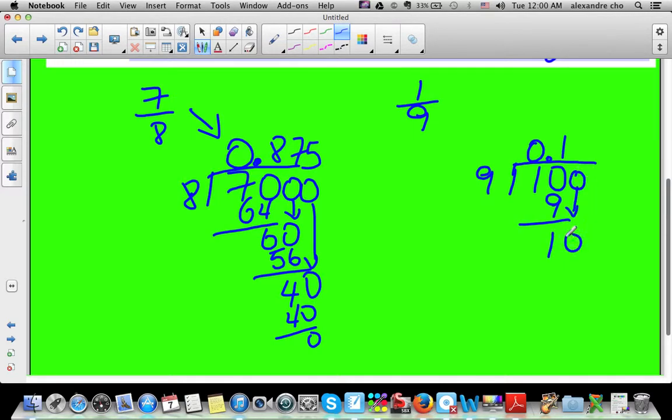Bring another 0 down. And 9 goes into 10 again one time. So this is going to be a repeating decimal. So if we add another 0, you'll see that it's the same answer over and over. So we're going to write that 1 over 9 is 0 point, and the part that repeats is the 1 with a bar notation. Okay?